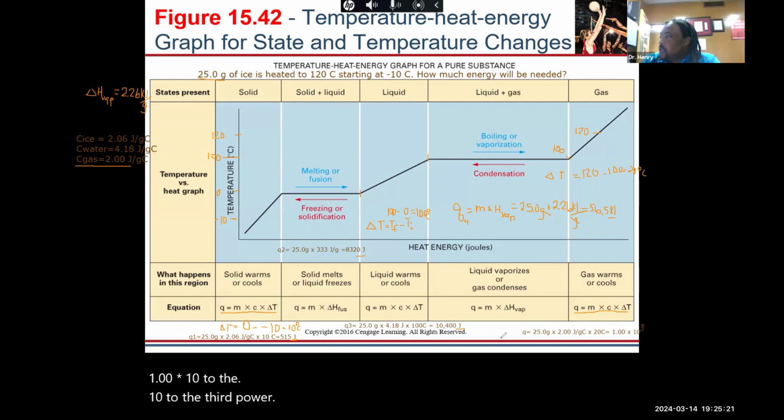And that's joules, and that's going to be our Q5.